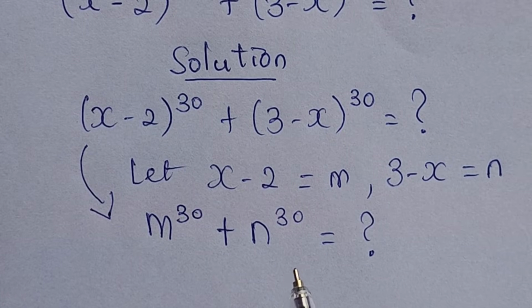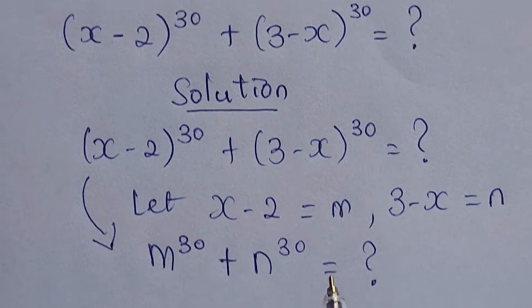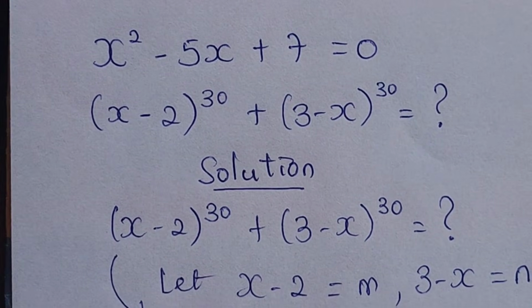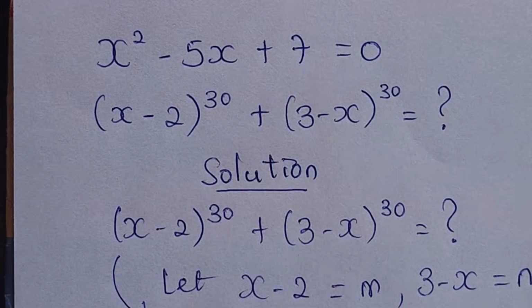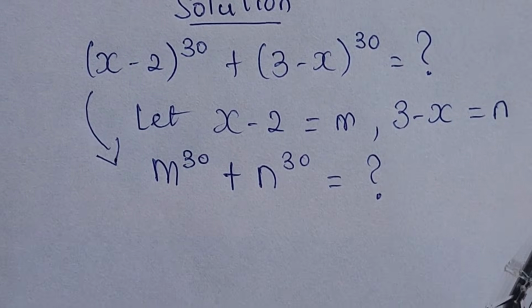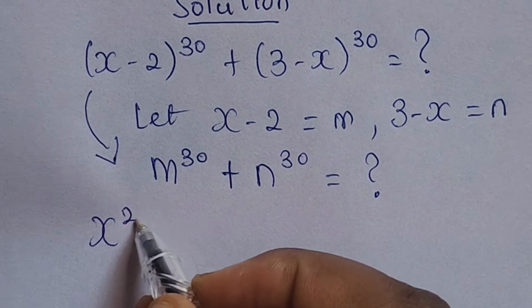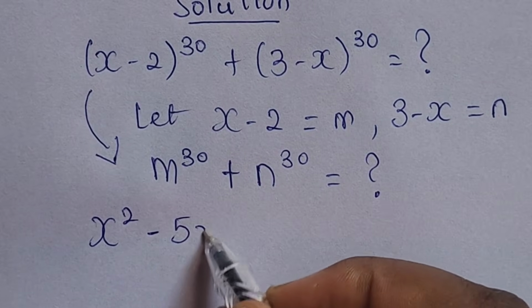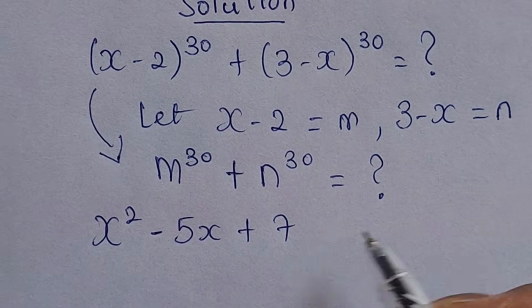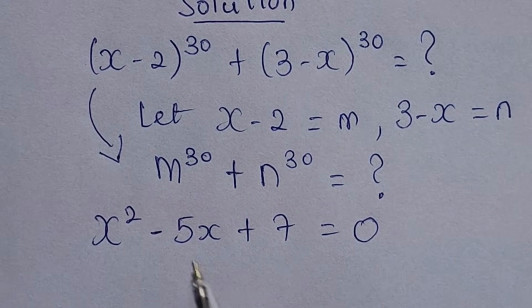So let's go back to the known equation. We have x squared minus 5x plus 7 equal to 0. This is a quadratic equation.